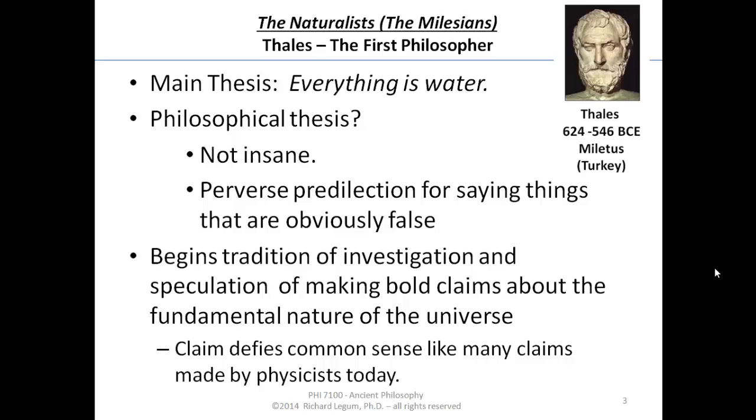The idea is you start investigating things, and then you build a theory based on your observation. Now, his overall thesis looks like it defies common sense. But if you think about it, a lot of claims that physicists make today defy common sense.